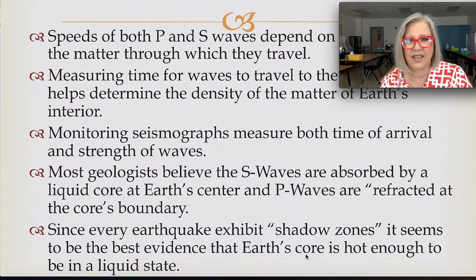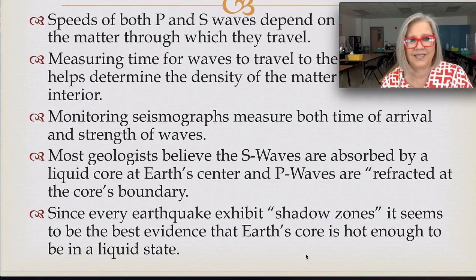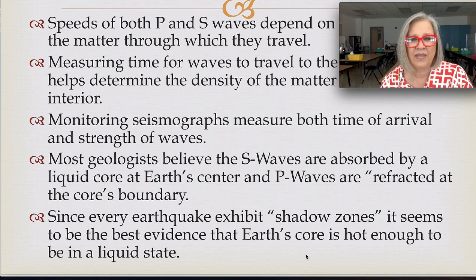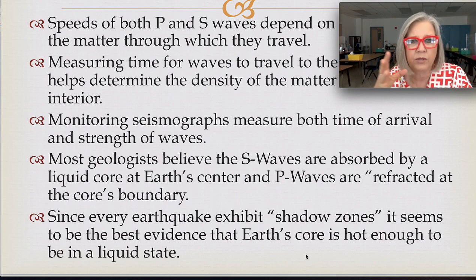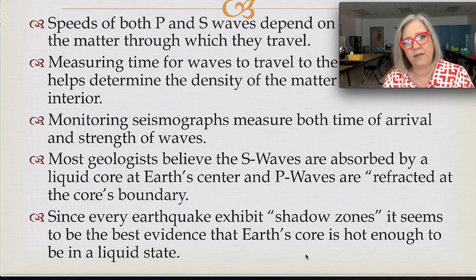And that basically tells you everything that I just said. So the evidence where it's not traveling through tells us that it's probably liquid. If the S wave comes through, then we know that it was a solid. Even the semi-solids make a difference.